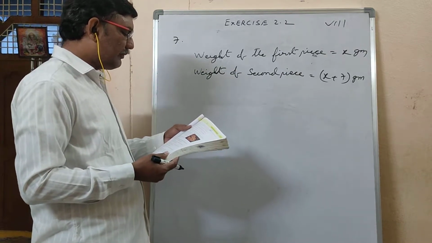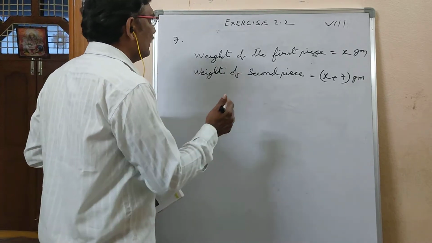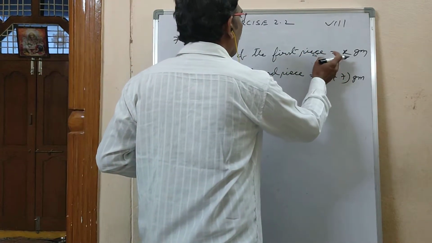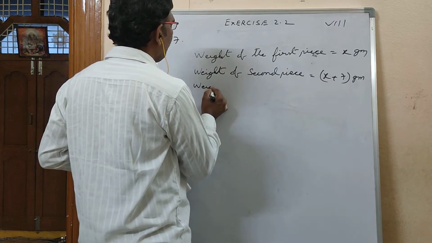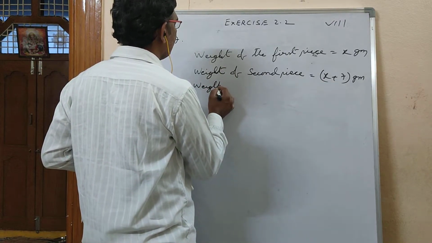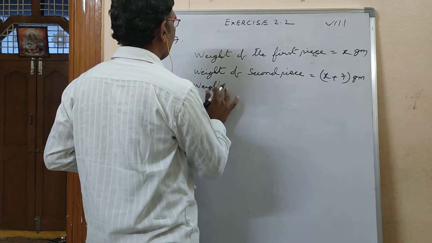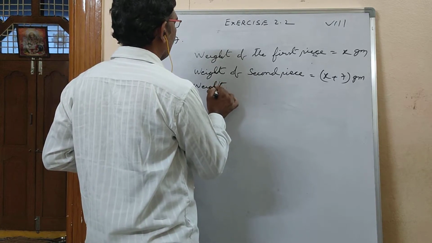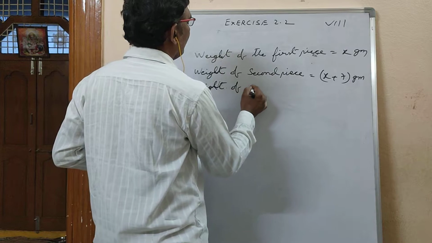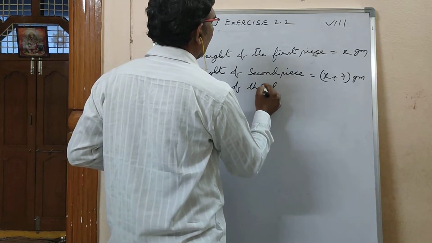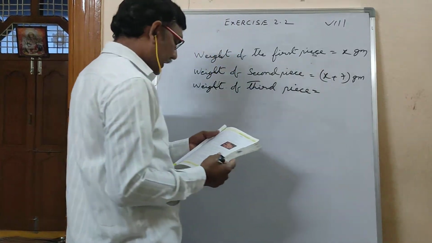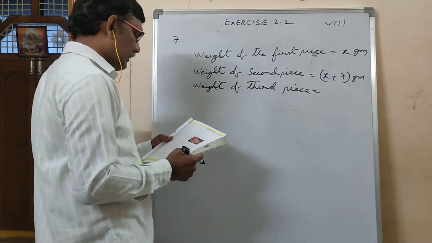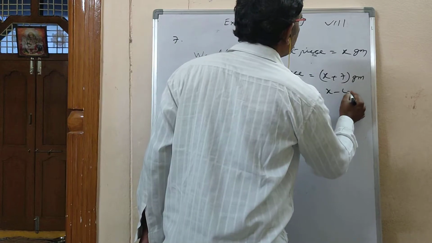and 4 grams heavier than the third piece. This is 4 grams heavier than the third piece. Weight of the third piece is how much? x minus 4.